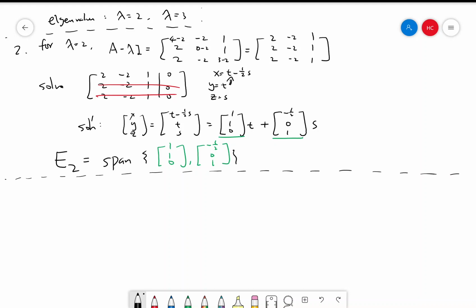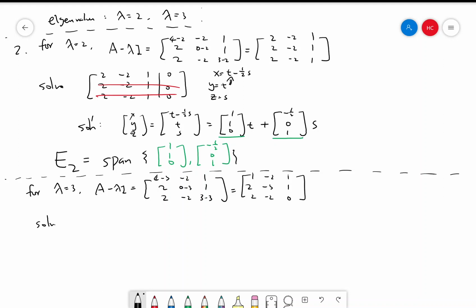Now let's do it for the other eigenvalue. For lambda equals 3, A minus lambda I is 4 minus 3, negative 2, 1, 2, 0 minus 3, 1, 2, negative 2, 3 minus 3. So it's 1, negative 2, 1, 2, negative 3, 1, 2, negative 2, 0. Let's solve this thing.